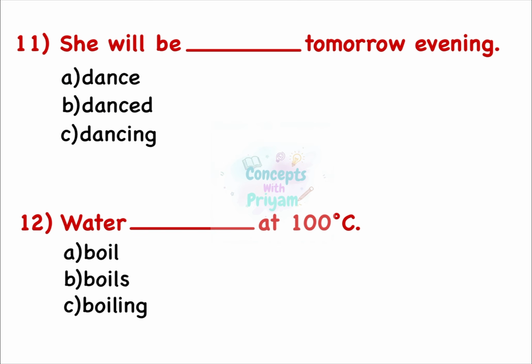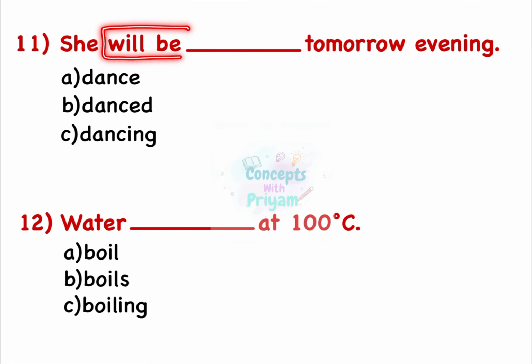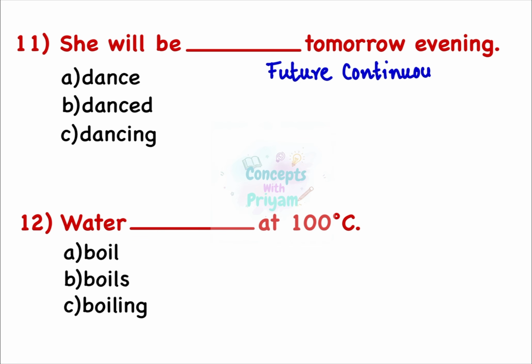Number 11. She will be blank tomorrow evening. The words tomorrow evening show that the action will happen in the future. And the phrase will be shows that the action will be continuing at that future time. So this sentence comes under the future continuous tense.